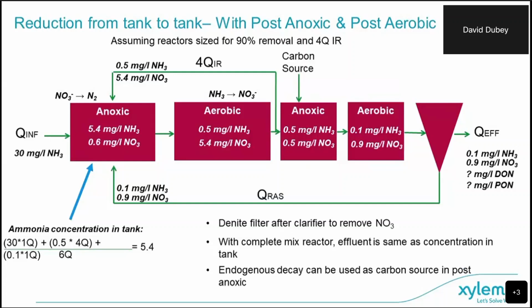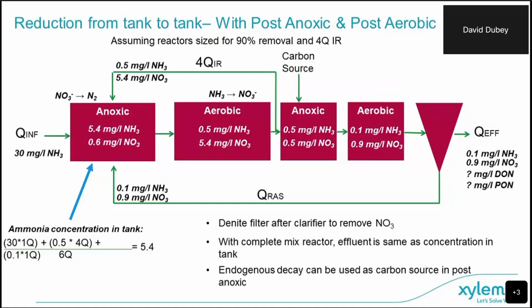This concentration in the anoxic tank is governed by the flow rate from the recycle, the flow rate from the RAS, and the flow rate from the influent. The influent in this instance is only 1/6 of the total flow rate through this anoxic reactor, so the ammonia concentration ends up being 5.4 instead of 30, just because of all the recycle loops.